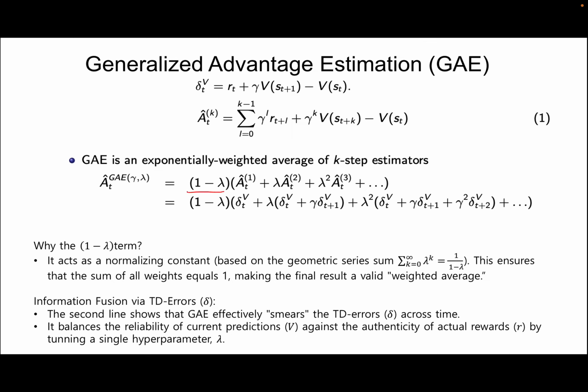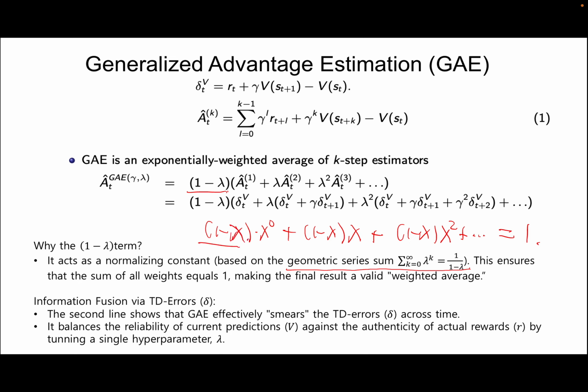And why do we have this one? It's just a normalizing constant. We learned this, right?